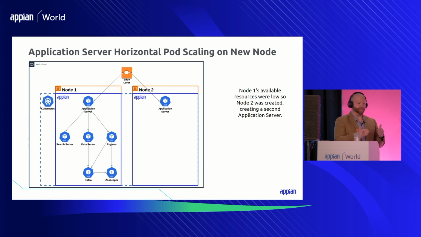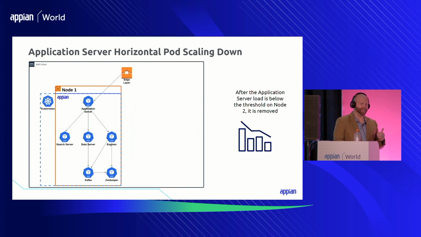So the two servers will stay up for as long as they need to, but in case you don't need application server number 2 anymore, we can stop that pod. And if it's the only service or pod running on that node, we can also take the node down as well. Not to say that the node will automatically disappear if that happens, but we might keep it up and wait for some other service to come through and need it.